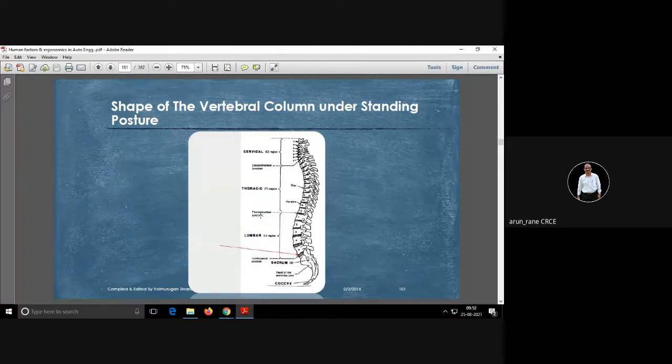Shape of the vertical column, understanding posture. As I said, this is your cervical region, meaning the neck region, and the lumbar region, meaning the lower part. The portion between the neck and lumbar we call the back, and this is what I was talking about, the disc. These are the vertebrae. The most important are L3, L4.